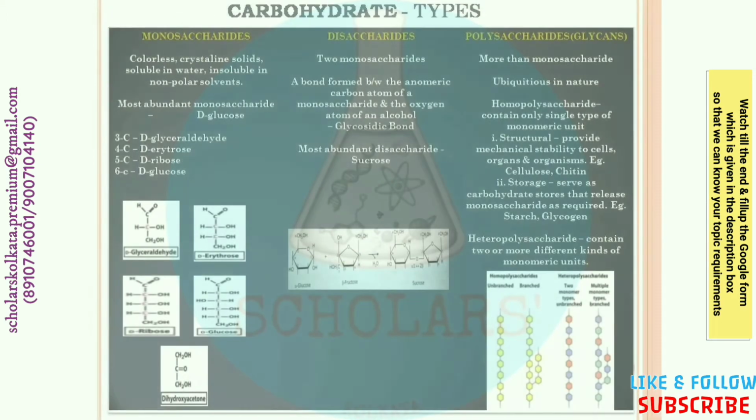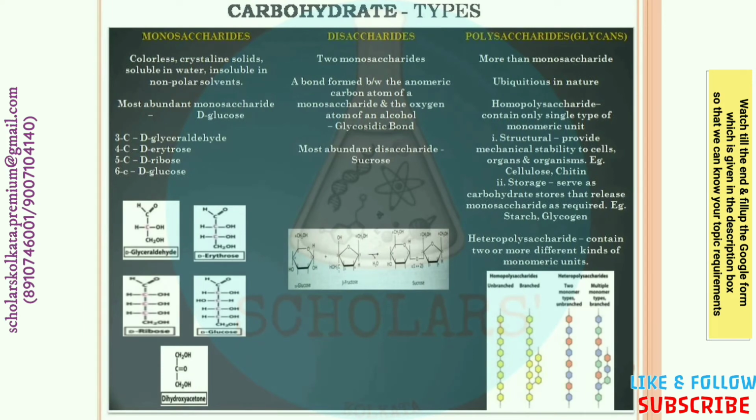Now let's discuss briefly all three types of carbohydrates. At first, monosaccharides. We previously discussed that they have a single sugar molecule, and the most abundant monosaccharide is glucose. Monosaccharides have multiple numbers of carbons: 3 carbon, 4 carbon, 5 carbon, 6 carbon.